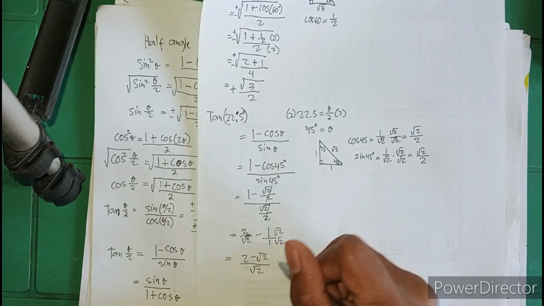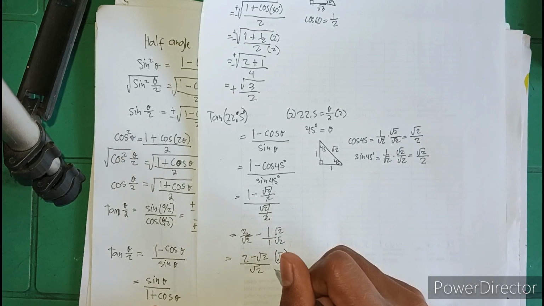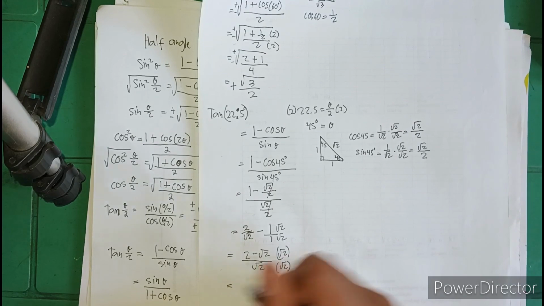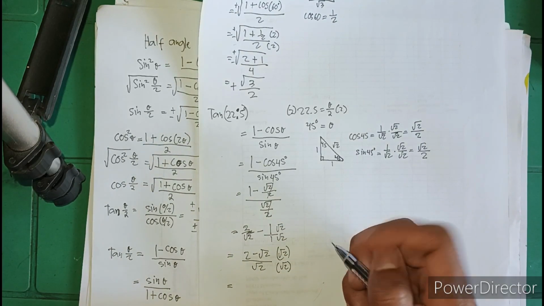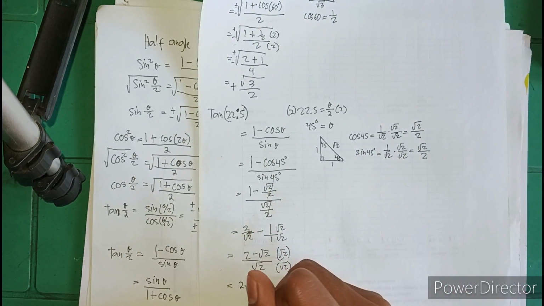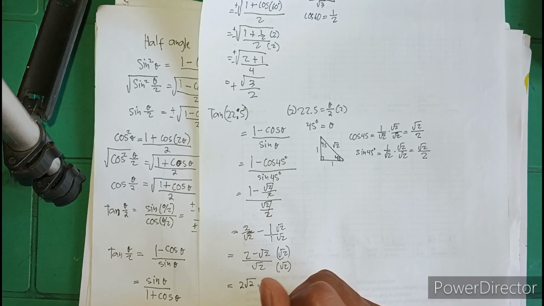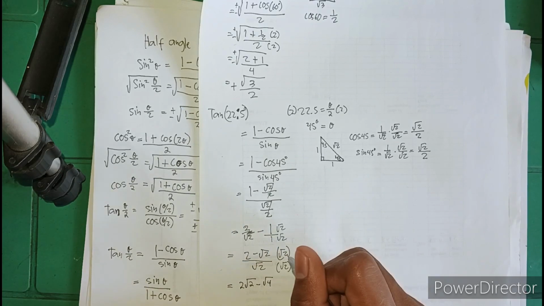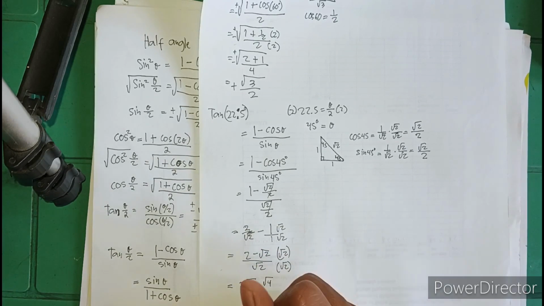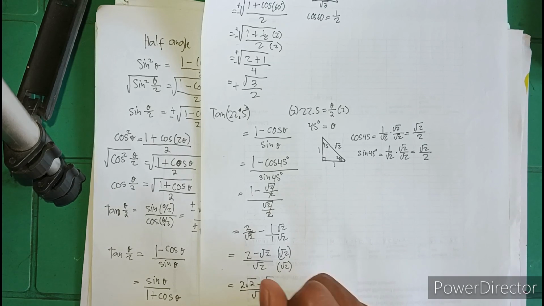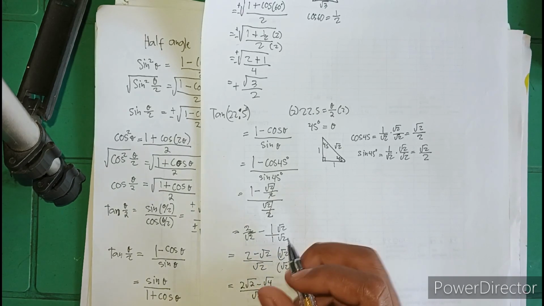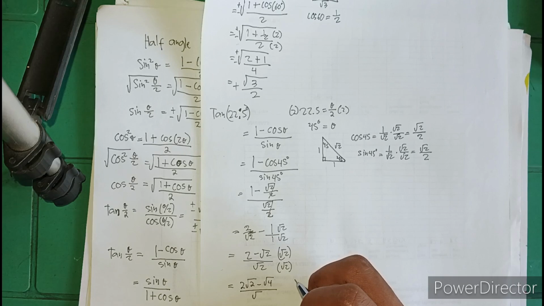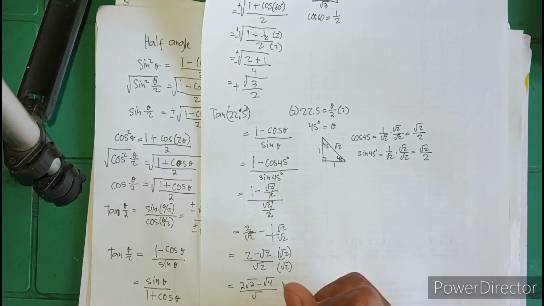So we multiply the square root of 2 here, also in the denominator. So we'll now get 2 square root of 2 minus the square root of 4, which is 2, times square root of 2 times square root of 2 is 4. And in the denominator, square root of 2 times 2 is 4 also.